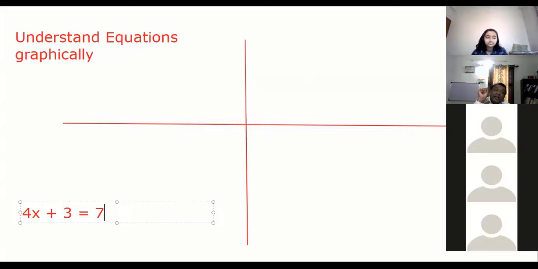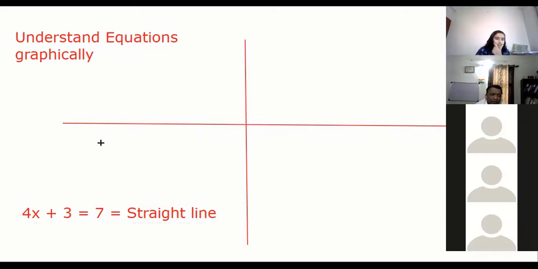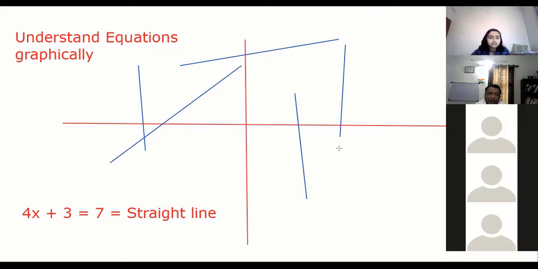Whenever you draw a linear polynomial on a graph, it will always be a straight line. It can be like this, or like this, or like this. A linear polynomial will always be a straight line.